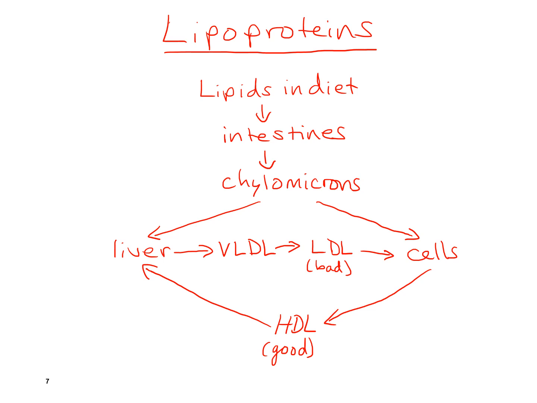So that's the good cholesterol. And then the liver will get rid of extra cholesterol through the bile, secrete that into the intestine, or it might just reuse it and send it back out to the cells again. But that's a good summary of these lipoproteins.